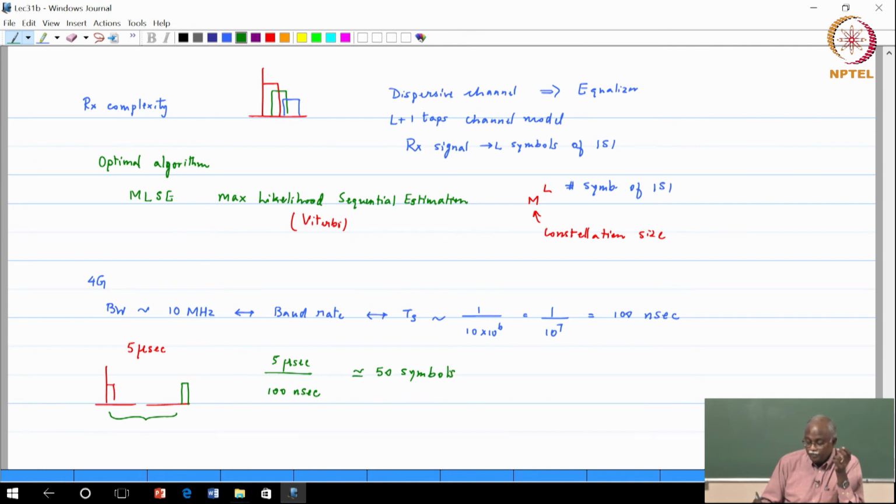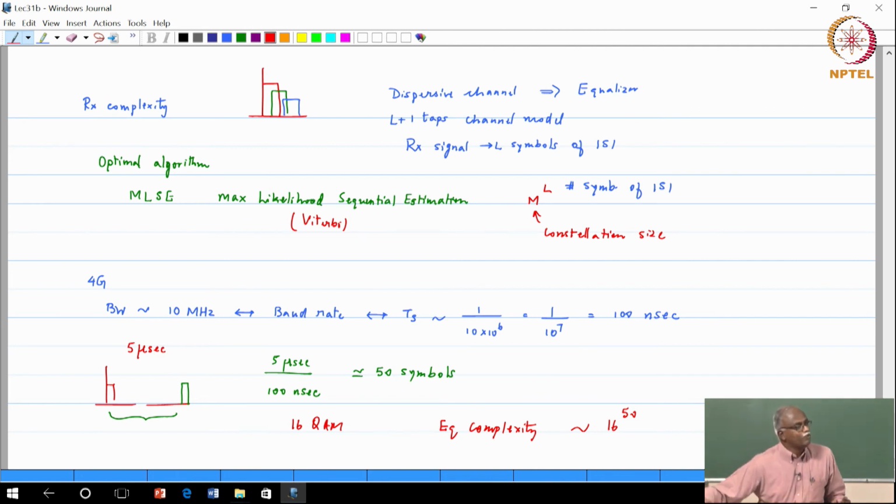And if I was using 16 QAM, my equalizer complexity is going to be 16 raised to the power 50, mind boggling. So, this is the seriousness of the problem that we are encountering.